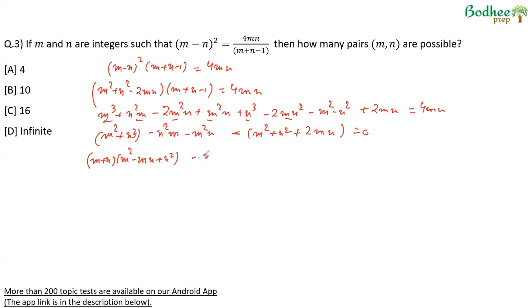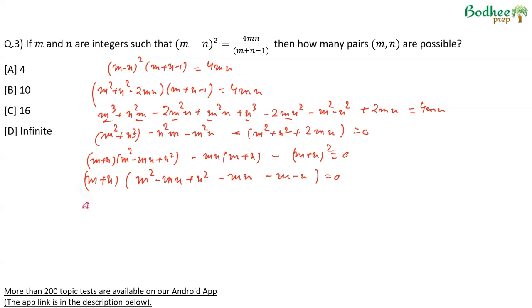This becomes minus of mn into (m plus n). This becomes minus (m plus n) whole squared. From this, we can take m plus n common. We'll be left with m square minus mn plus n square minus mn, and from here minus (m plus n) common, so this is 0.